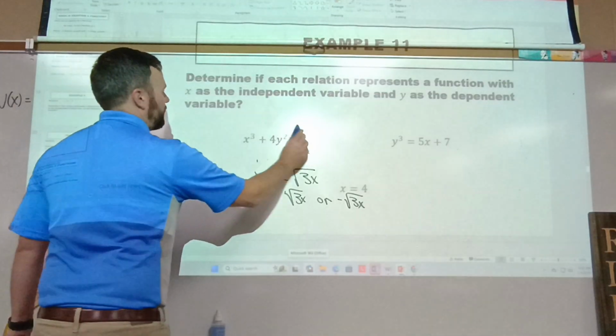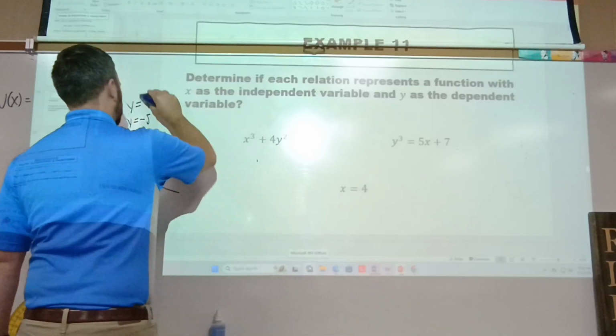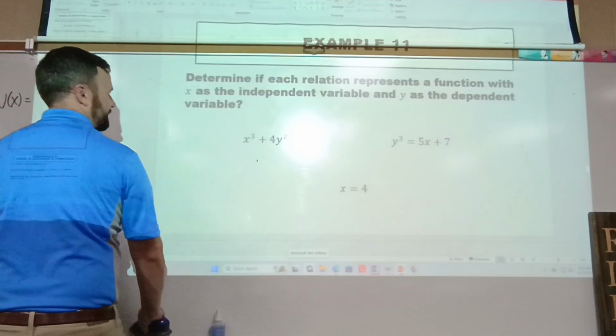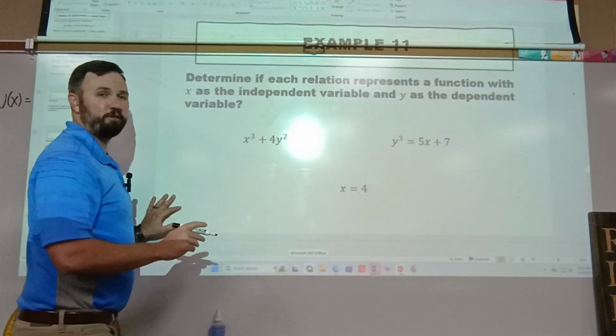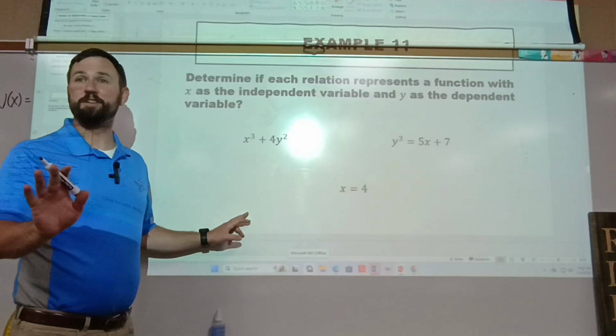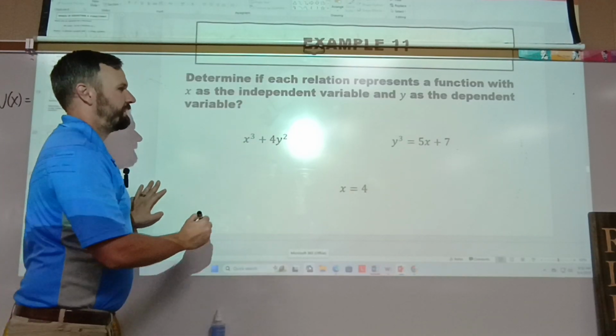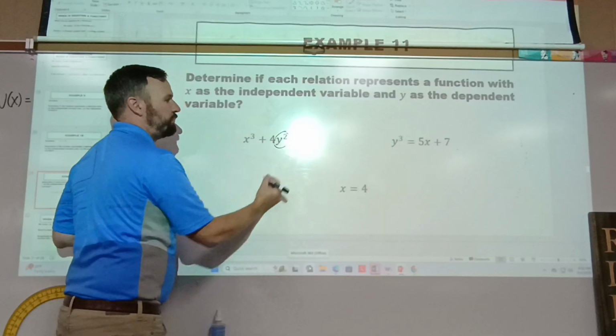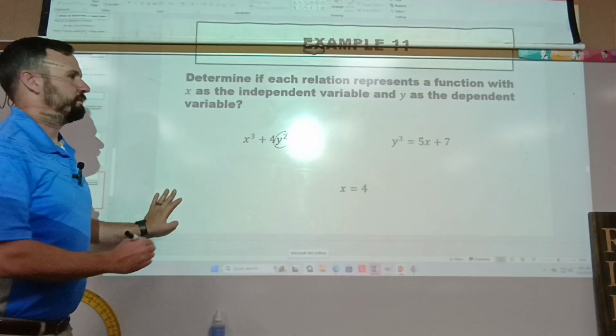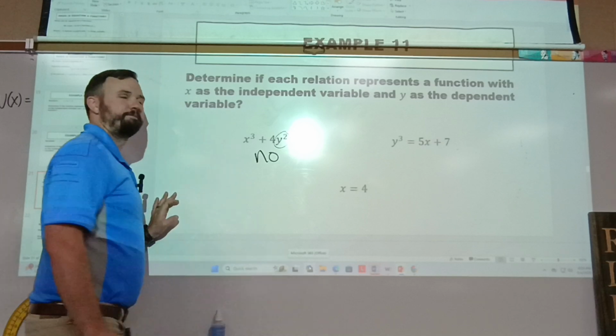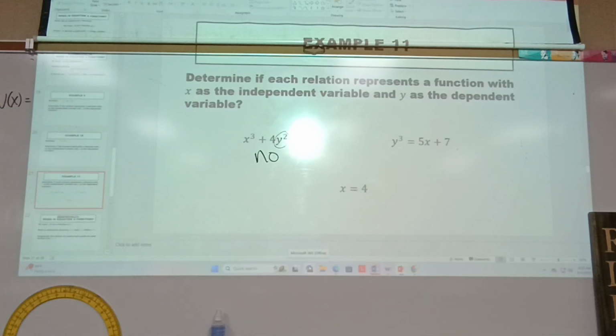Determine whether these are a function. You guys want my shortcut way? Don't. If you want to watch the long way, watch. But I'm going to tell you the way this will work every time. Is y to an even power? So that's going to be a no. Y is to an even power. It's an automatic no. Because when I go to solve it, my last step will be square root.